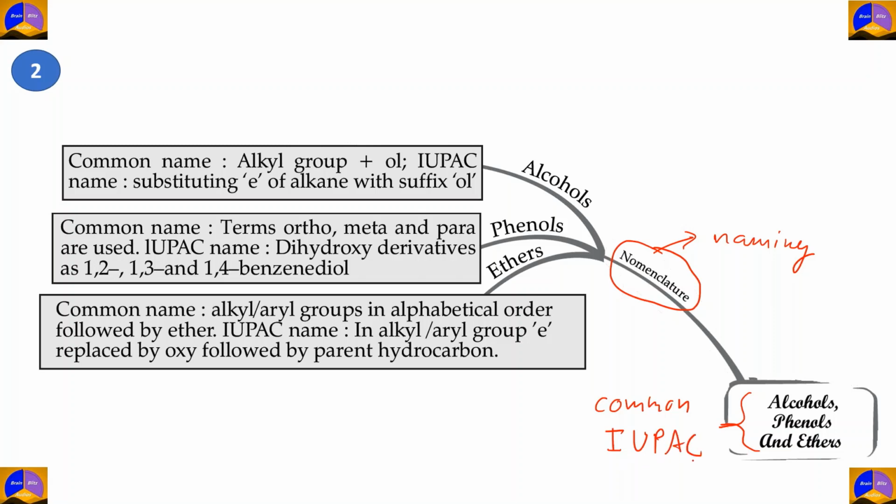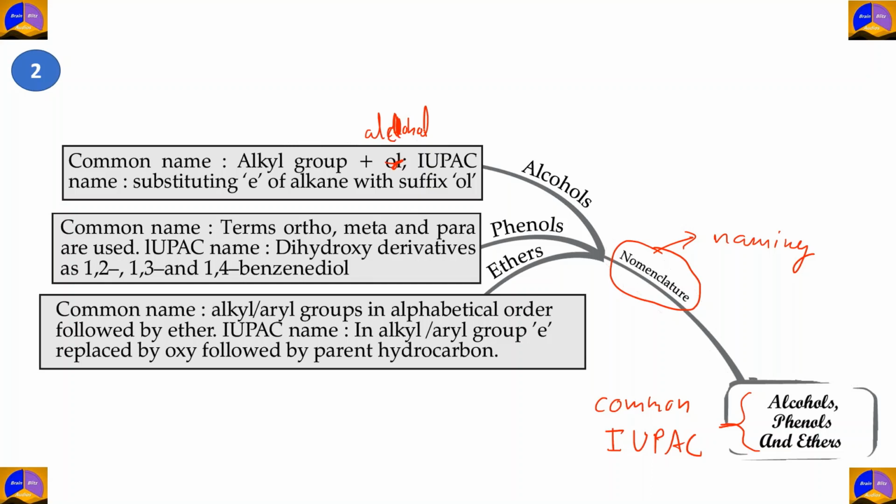Now, IUPAC stands for International Union for Pure and Applied Chemistry. For alcohols, the common name is alkyl group plus alcohol. So instead of -ol, it will be alcohol.